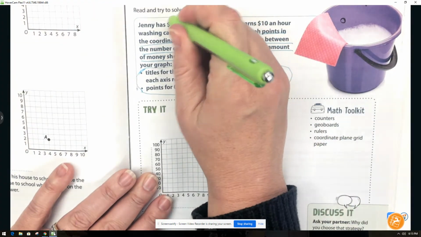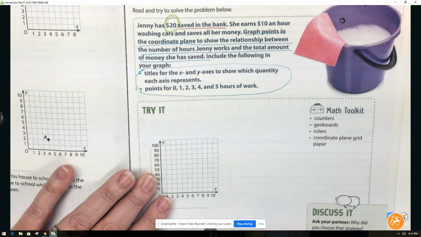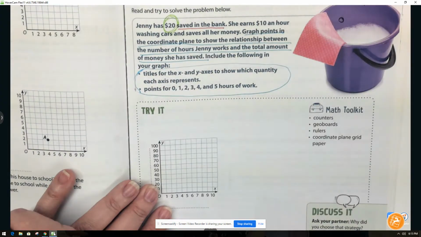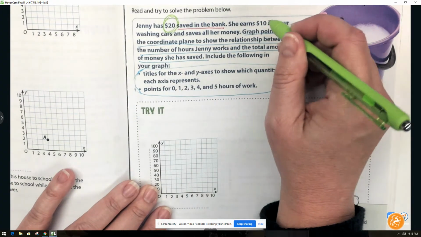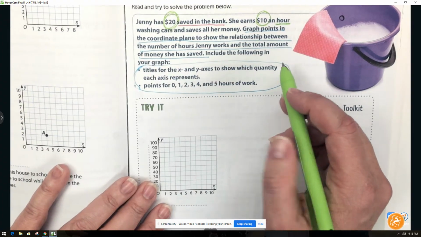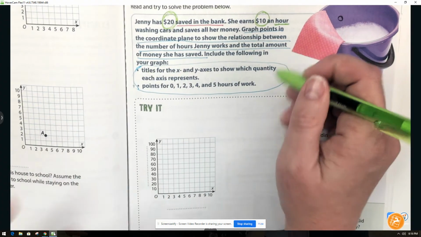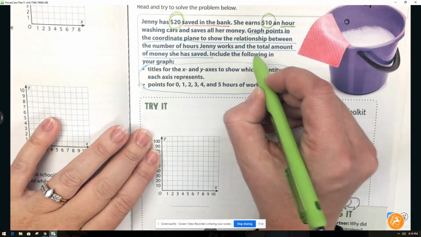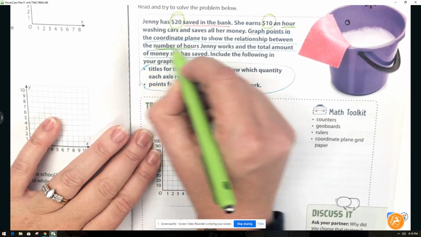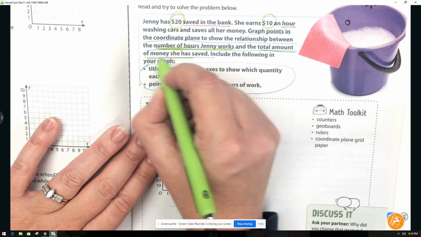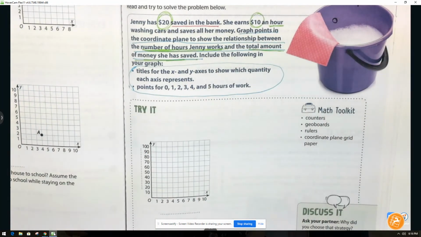The important information is we know that Jenny already has $20 before she even starts because she has that money saved in the bank. We know that she earns $10 an hour, and we also know that our axes are going to be labeled the number of hours Jenny works and the total amount of money she has saved.